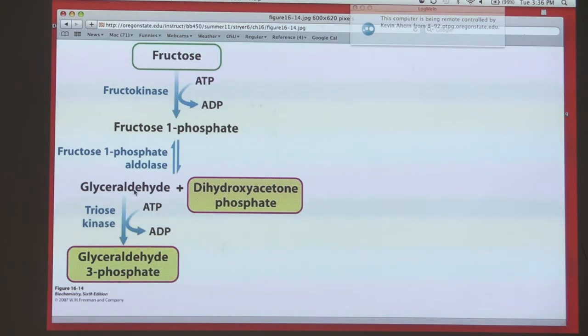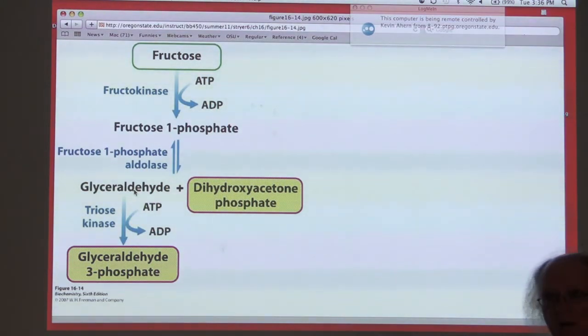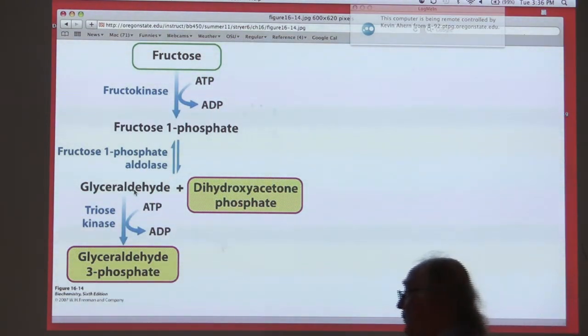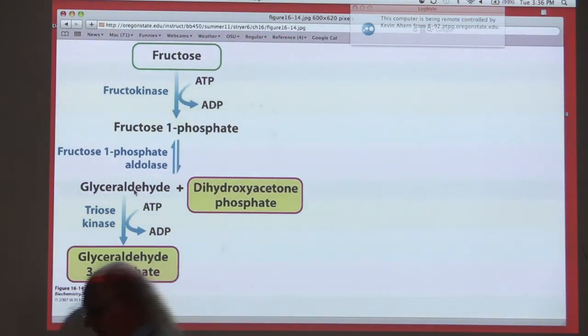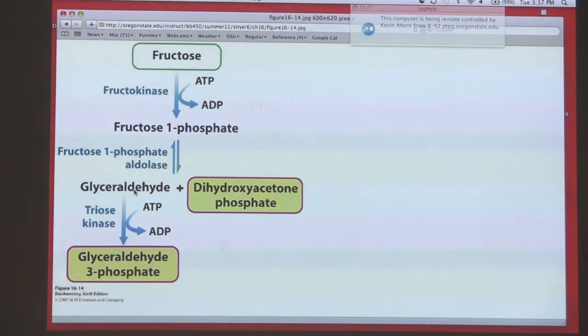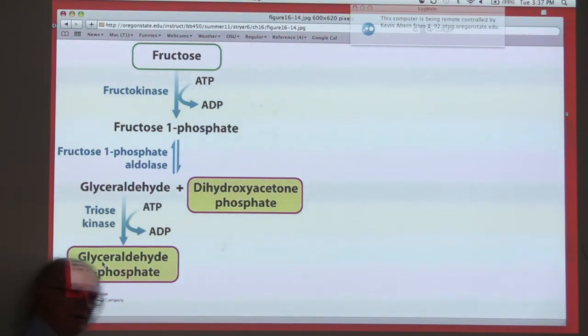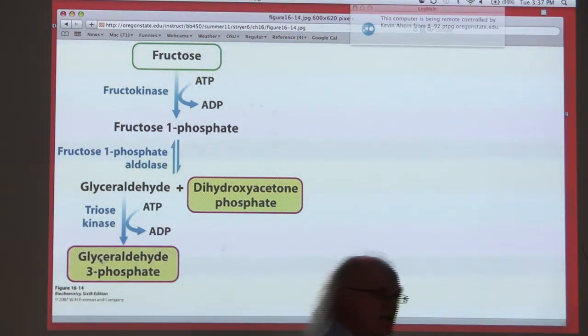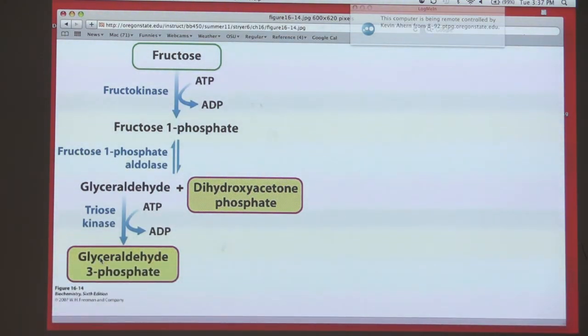In the regular glycolysis pathway, we're making glyceraldehyde 3-phosphate. Well, we're lacking a phosphate here, so this is why we make glyceraldehyde. And you say, aha, glyceraldehyde must be the problem. And the answer is no, it's not, because glyceraldehyde can readily be converted into glyceraldehyde 3-phosphate. So what we've done is we've converted fructose into two glycolysis intermediates, dihydroxyacetone phosphate and glyceraldehyde 3-phosphate.